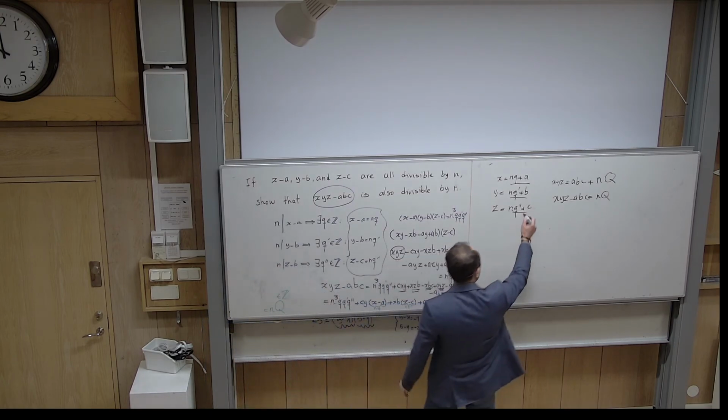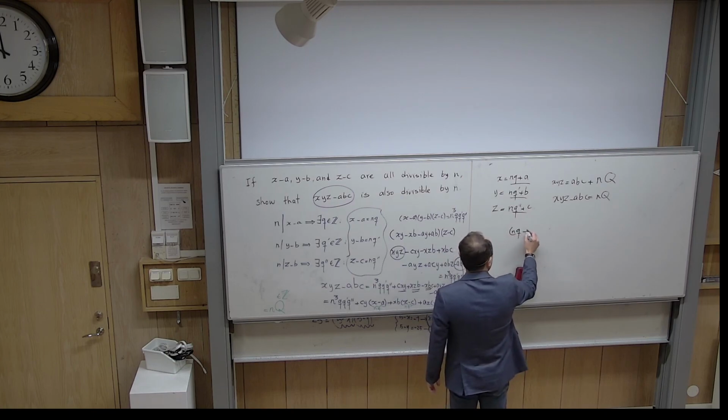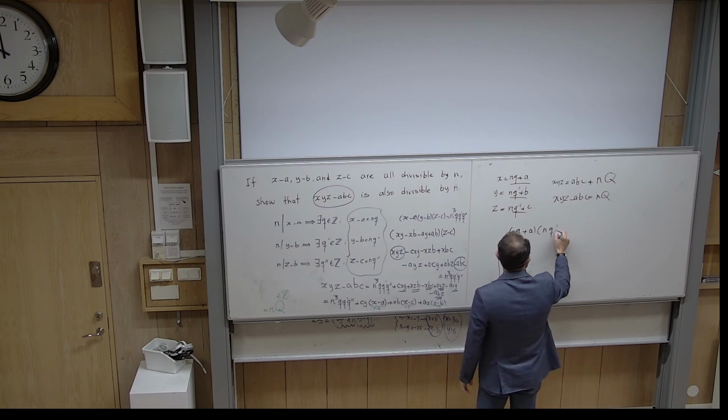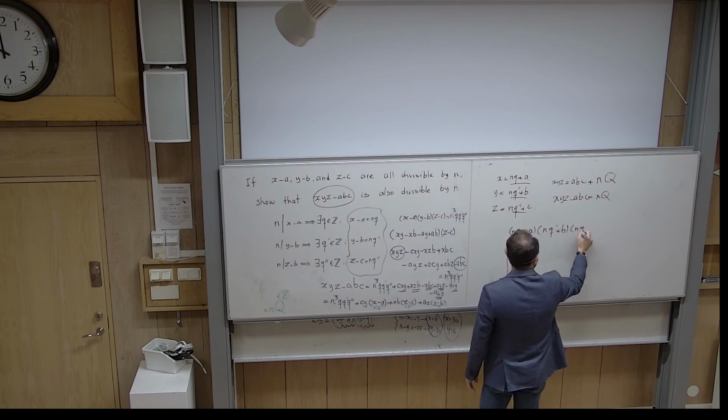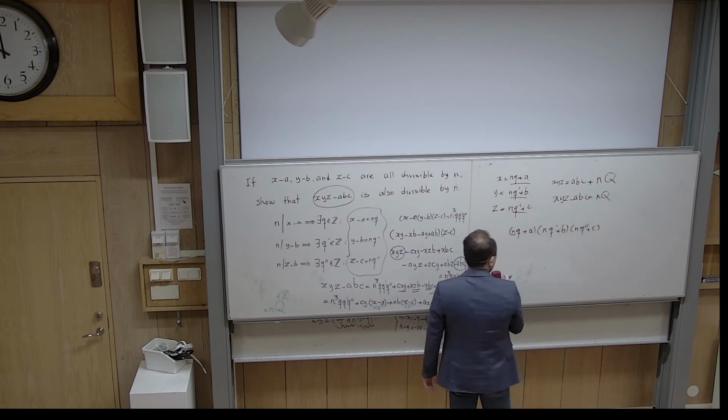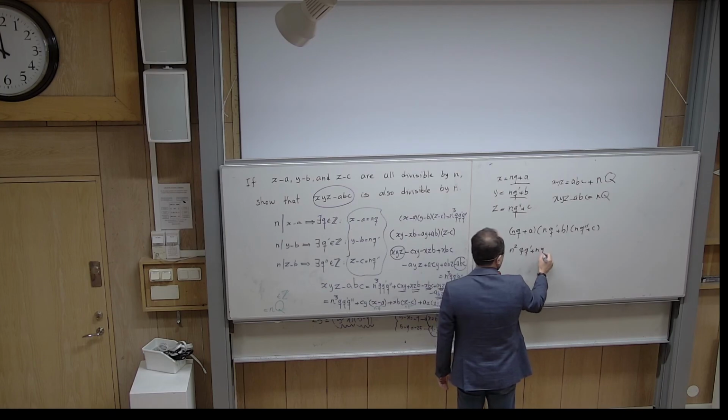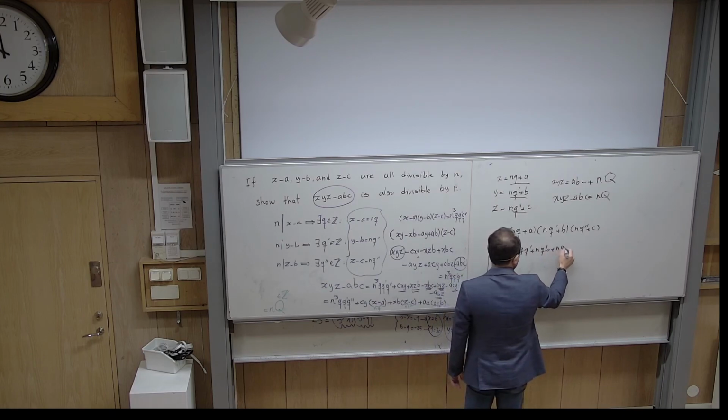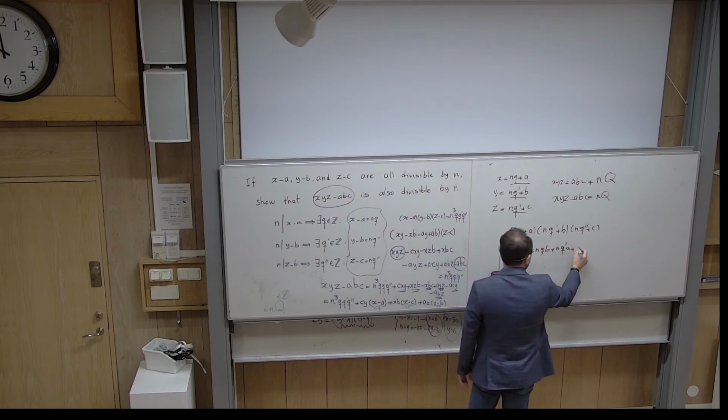Multiply them. No, so let me just write it. nq' plus b, nq'' plus c. So let me multiply. So it becomes n² q q' plus nqb plus nq'a and then plus ab, yes?